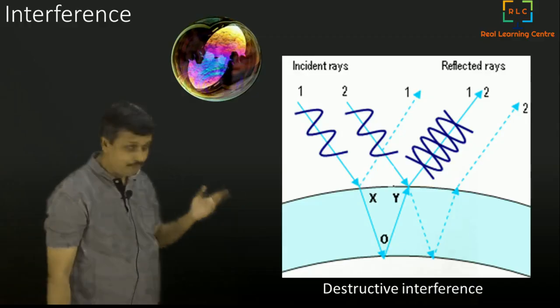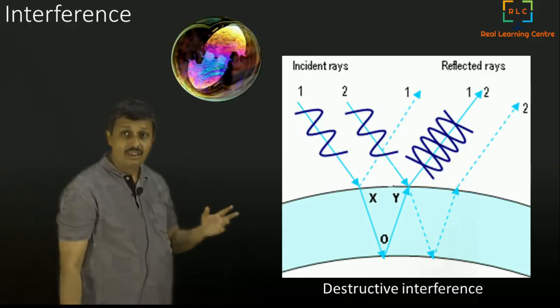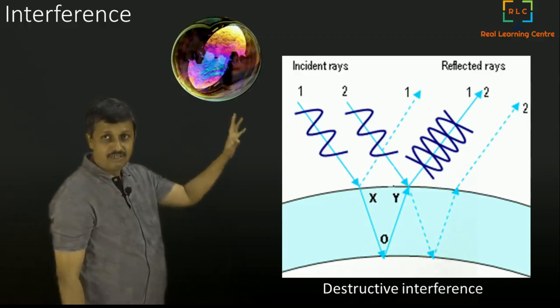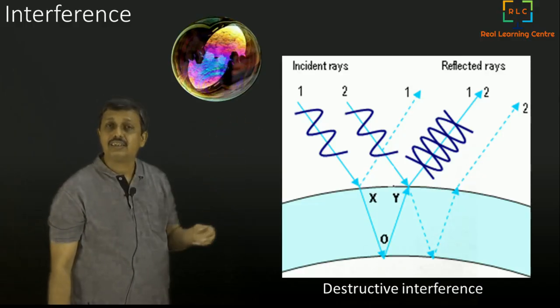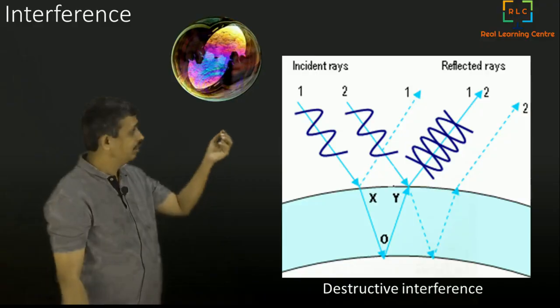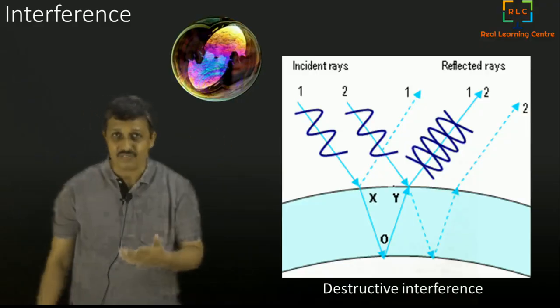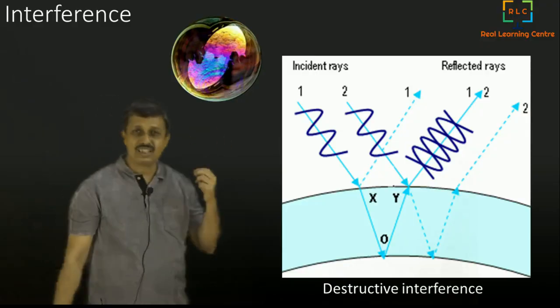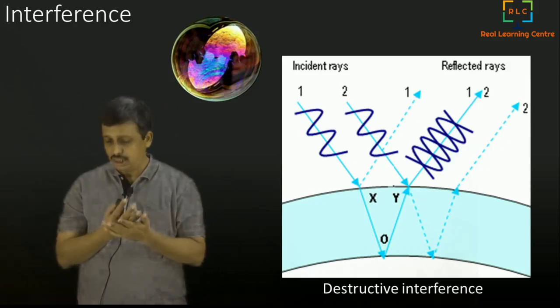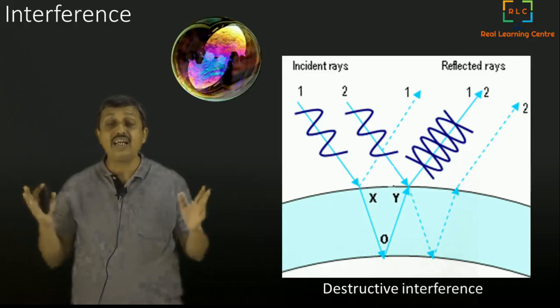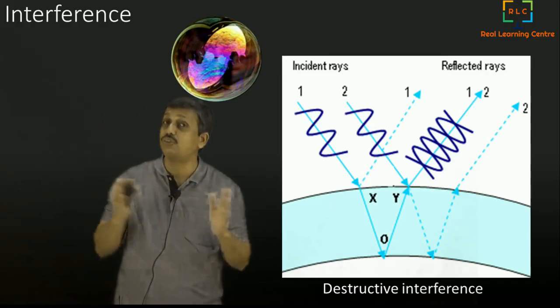Now you can see in the bubble what happened was white light entered. For some light, the thickness was such that some colors went through destructive interference, or some colors went through constructive interference. White light constitutes many different colors. If they are in the correct proportion, you see it as white.